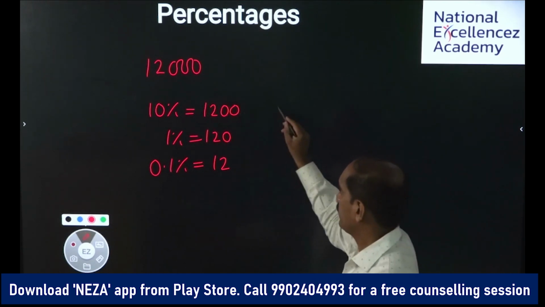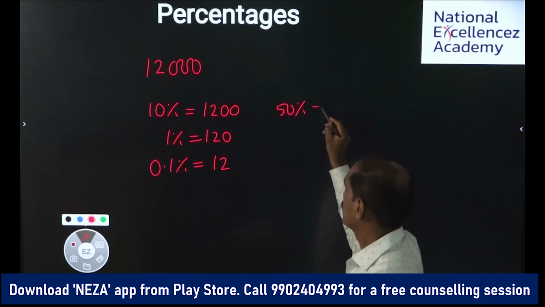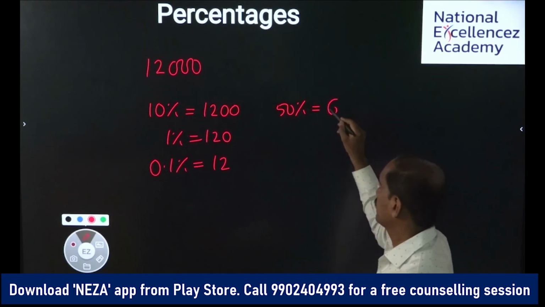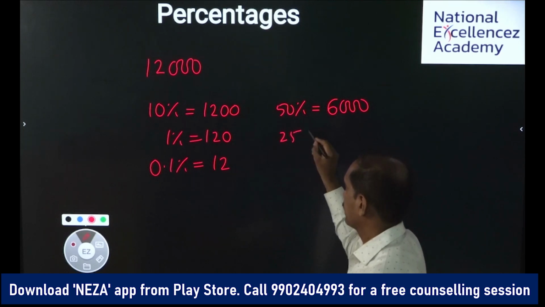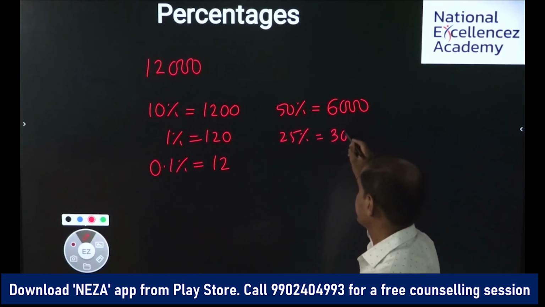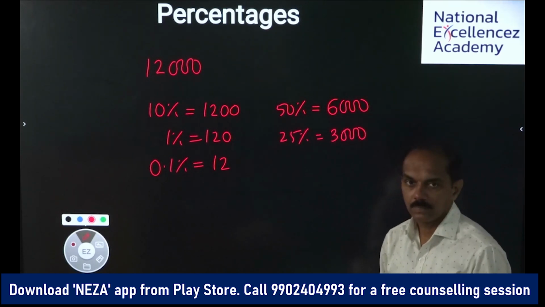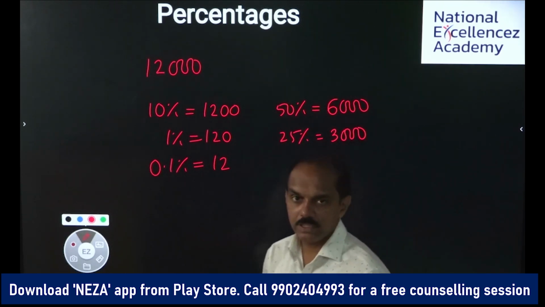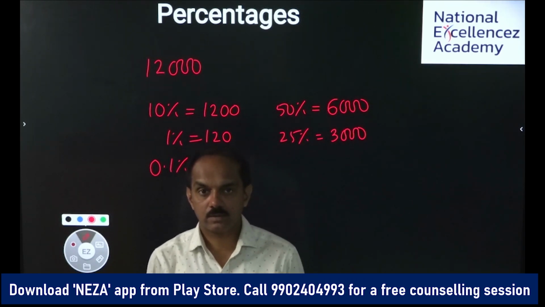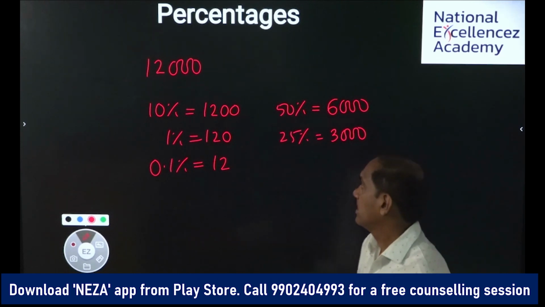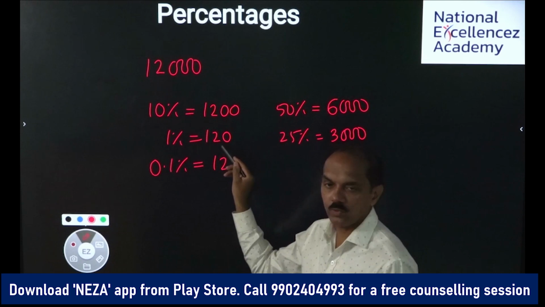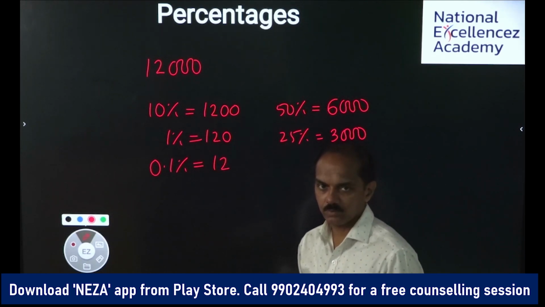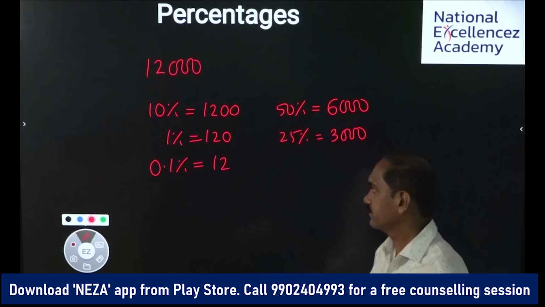And if you want 50%, just make it half. And if you want 25%, it's half of that. And if you know these 5, the rest you can easily manage. How? If I say 2%, 1% is ready, 120, 2% is double, 240.